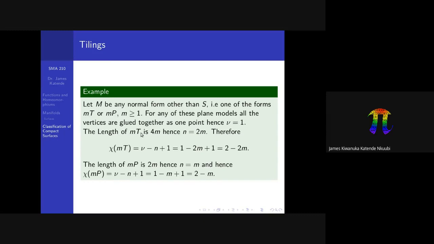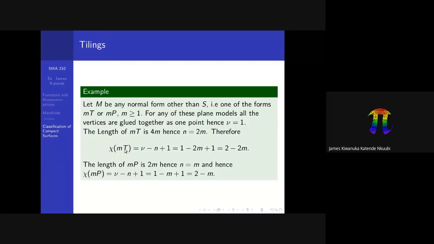So the length of MT, remember T has 4 letters. So if you add it M times, the length will be 4M. So if you are looking for the number of edges for the tiling induced by this word, then it will be half the length of the word, which is 2M.